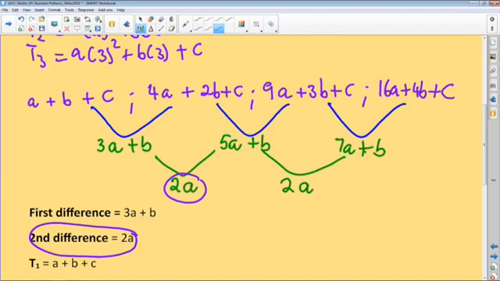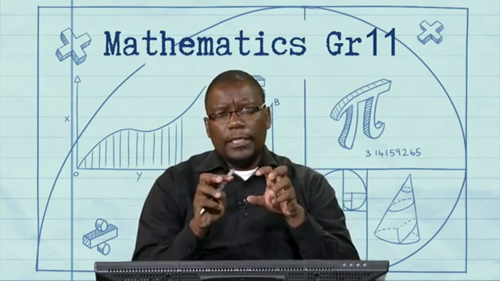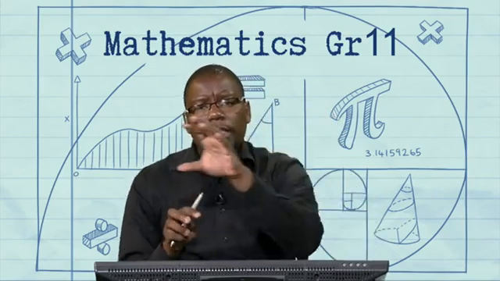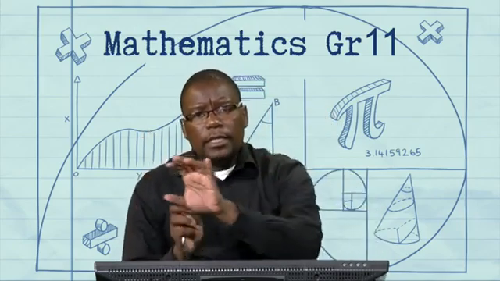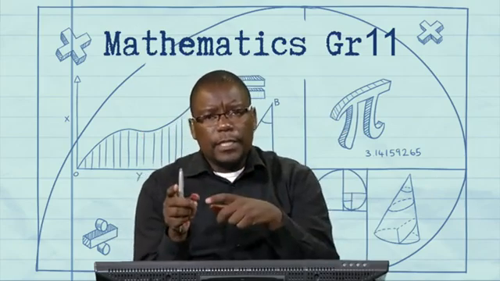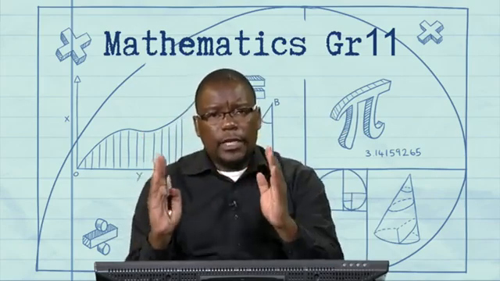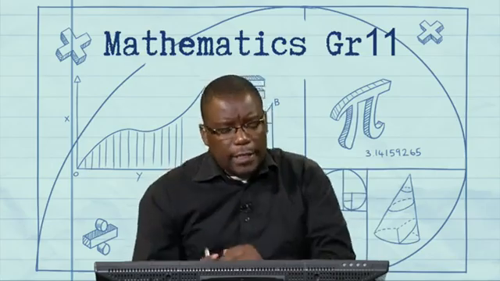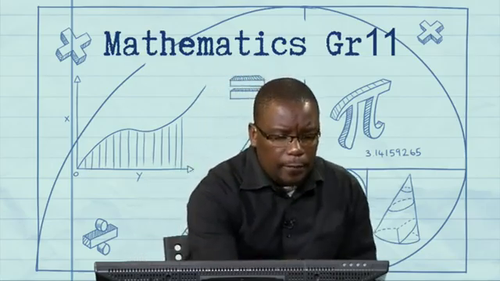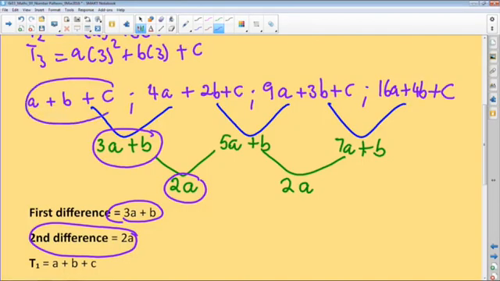And then your first difference, it's going to be your 3a plus b. Now, when you're setting up your quadratic pattern, you've got the original one, and then the next part is your first difference. You write it in such a way that it compares to the one that is given to you. And then there's a plus b plus c, which is your term number 1.